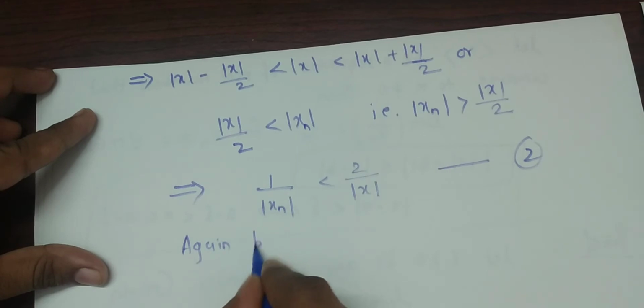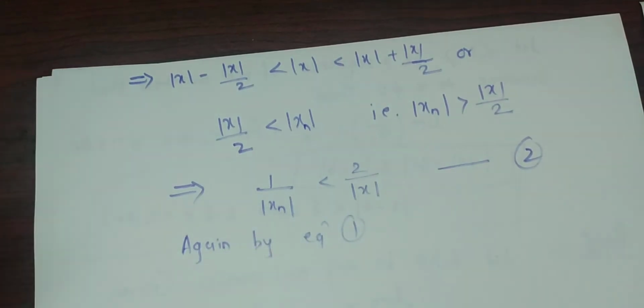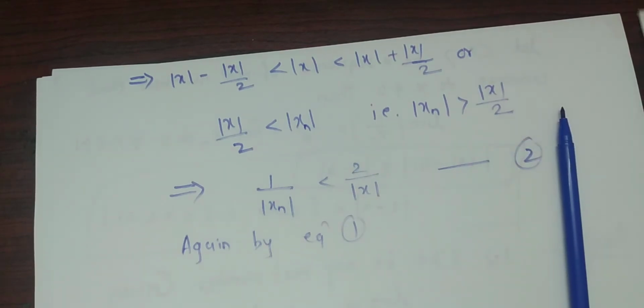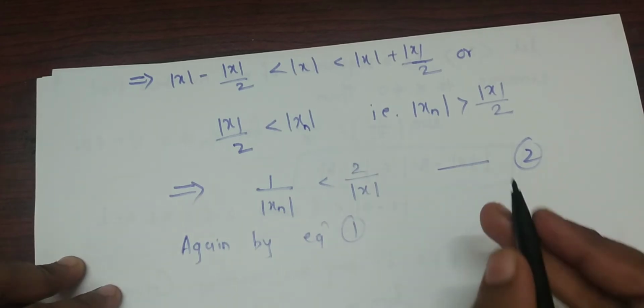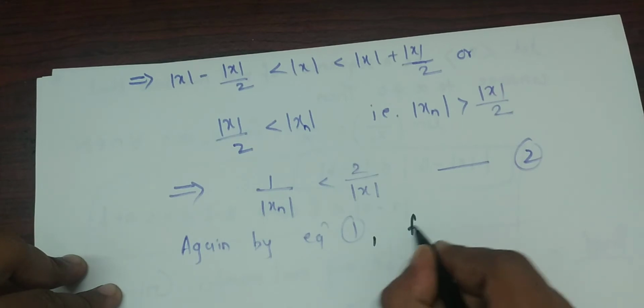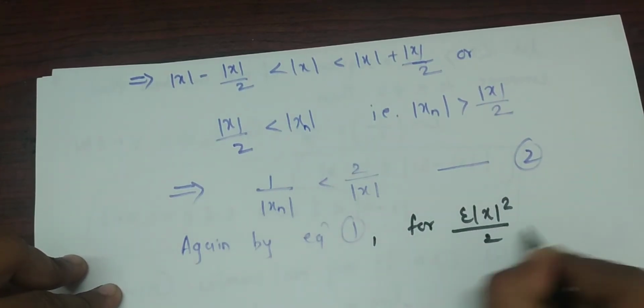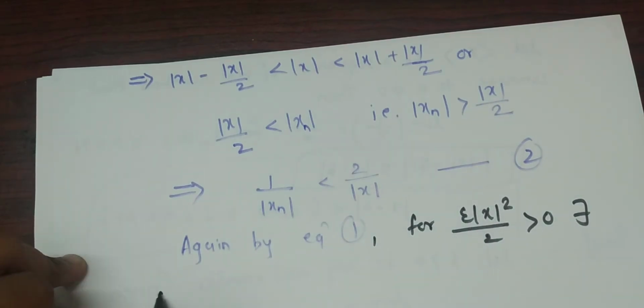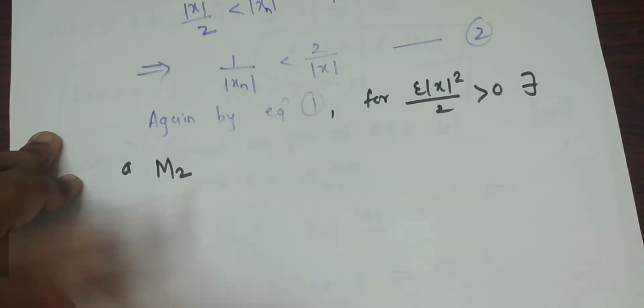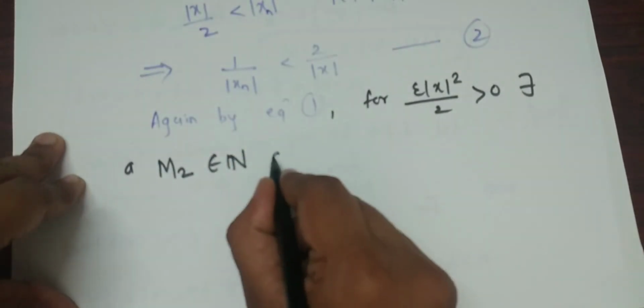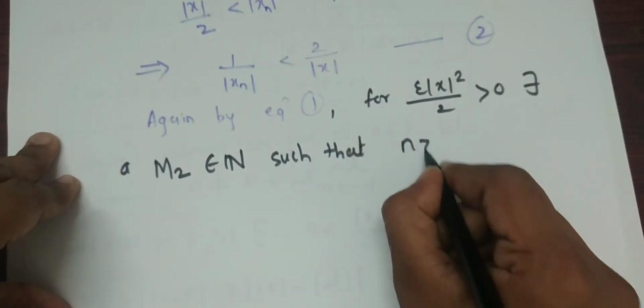From equation 1 we can write, for epsilon mod x square by 2 greater than 0, there exists an m2 that belongs to the set of natural numbers such that n greater than m2.